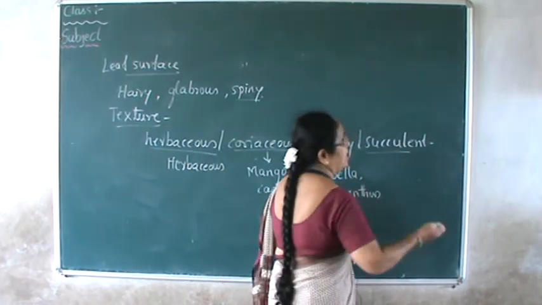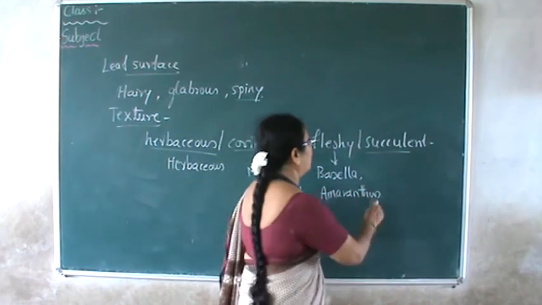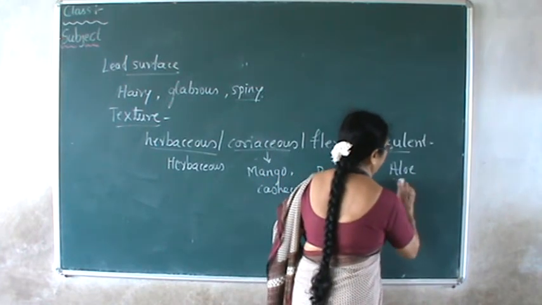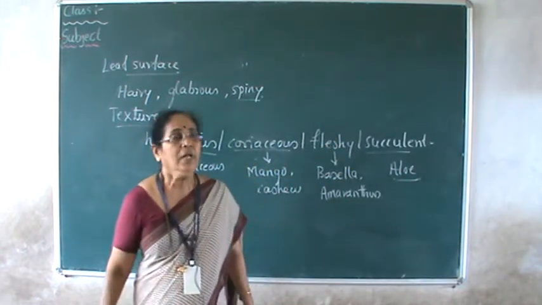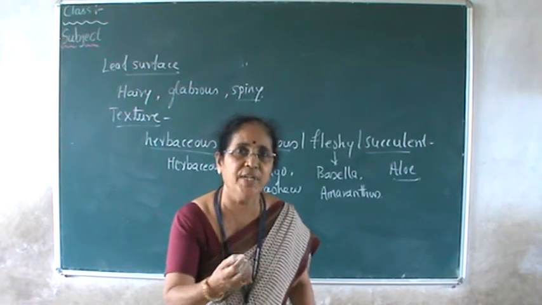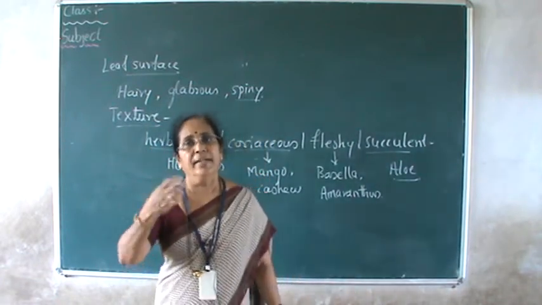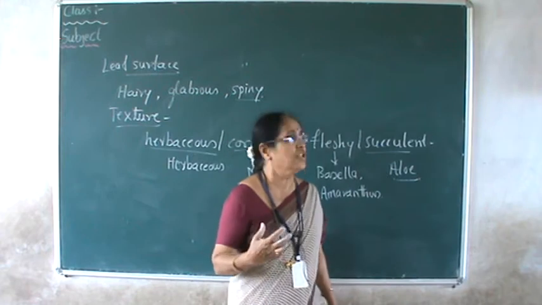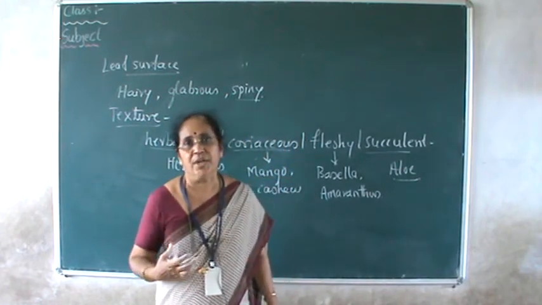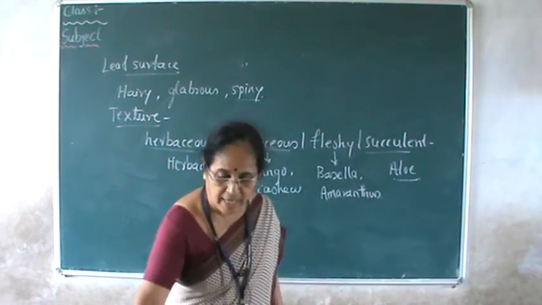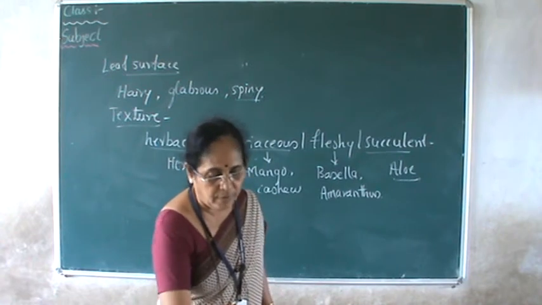Succulent is very fleshy and spongy. That is found in aloe vera. Aloe is an example of the succulent kind, very spongy, very thick, having more water content inside, and because of that it becomes succulent in nature. These are the things to be described in the case of the leaf.